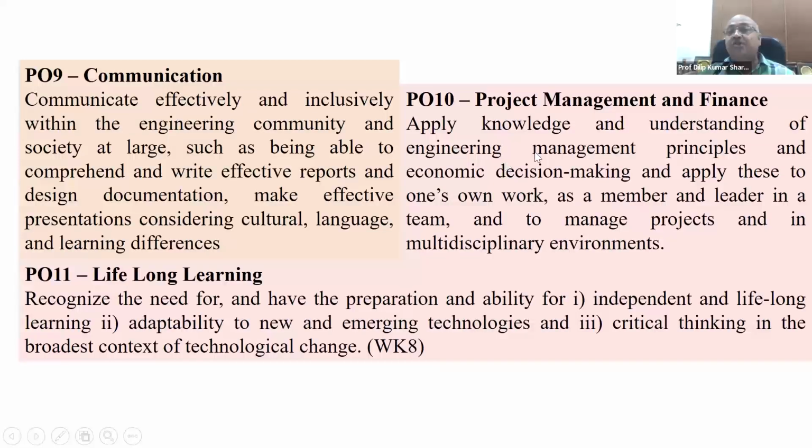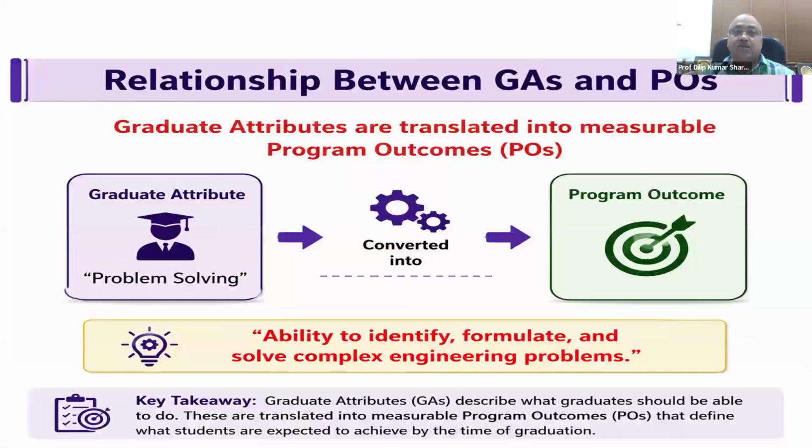So communication, project management and finance, lifelong learning, right? So these are the 11 program outcomes, as we have the 11 graduate attributes, same. Now you can see in this slide, the relationship between the graduate attributes and the program outcomes. Graduate attributes are translated into measurable program outcomes.